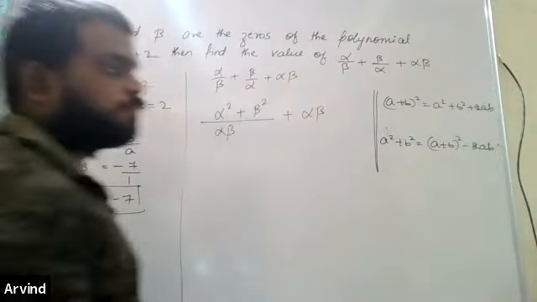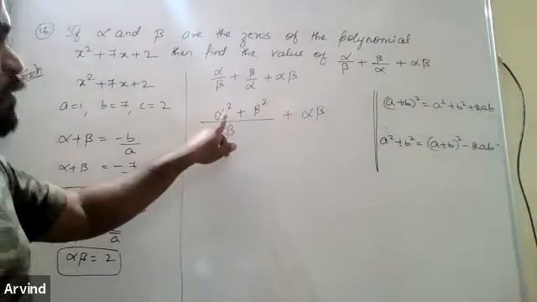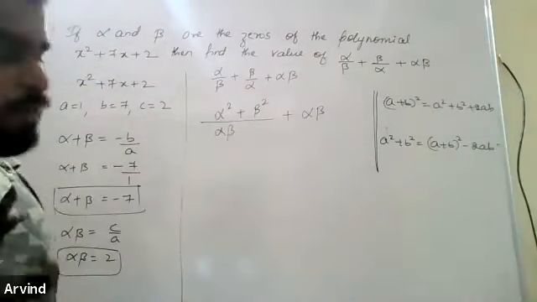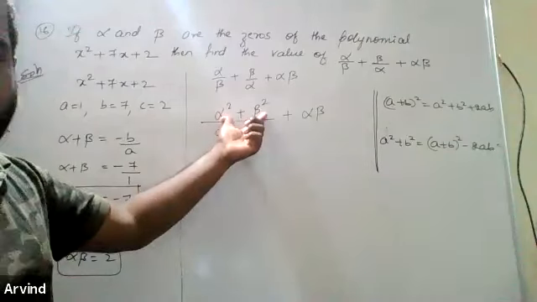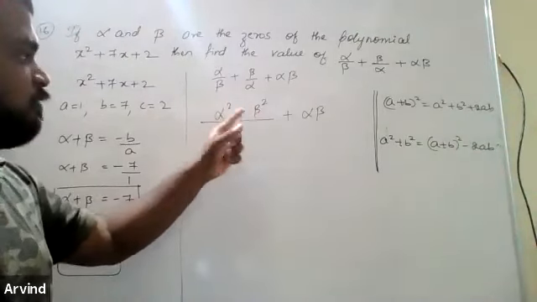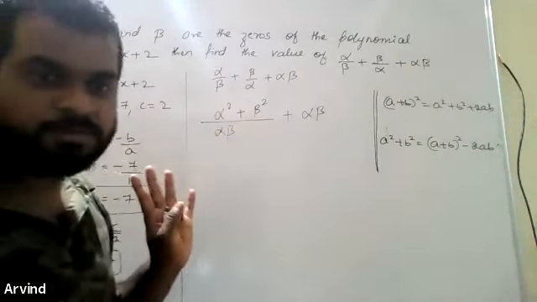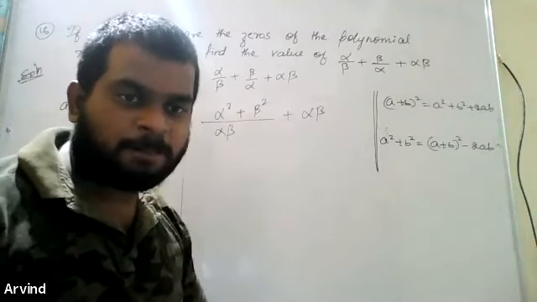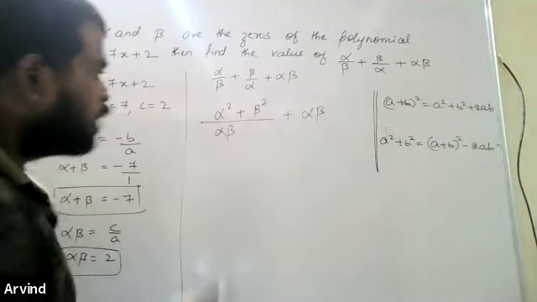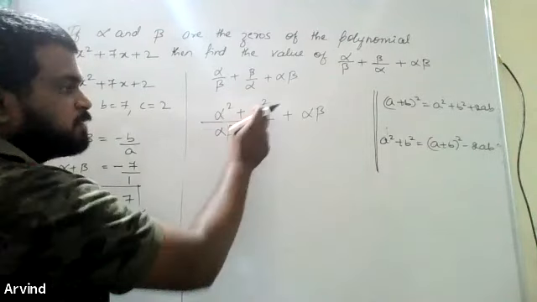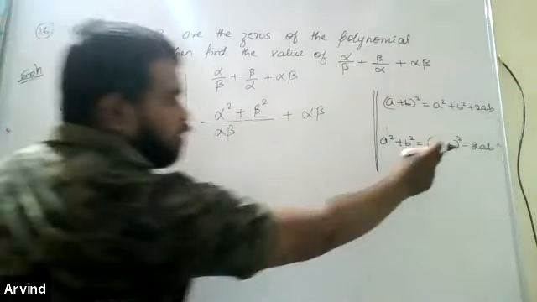Similarly, if you observe, this is also in the form a square plus b square, right? Do you agree with me? Where a is, alpha is there, where b is, beta is there, that's all. Do you agree with me? Yes, sir.